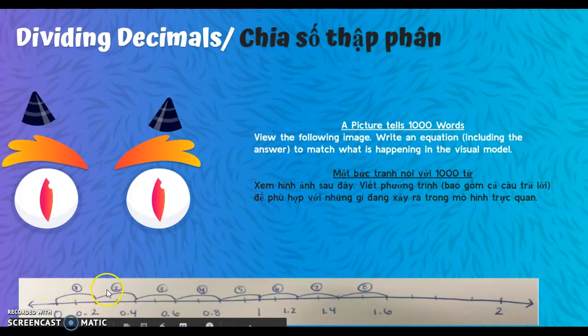And if we look above it, we count all of the 2/10 that were grouped. We will see that the division problem would be 1 6/10 divided by 2/10 equals 8. Very good, ladies and gentlemen.